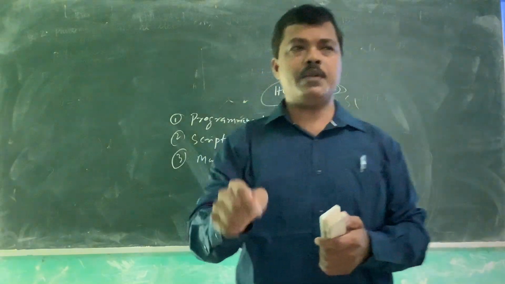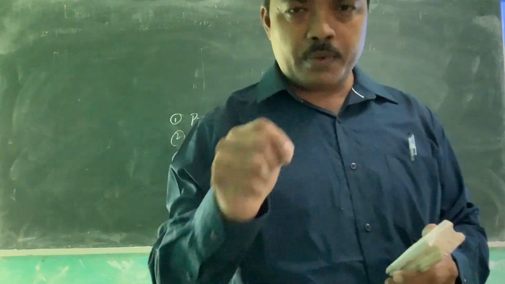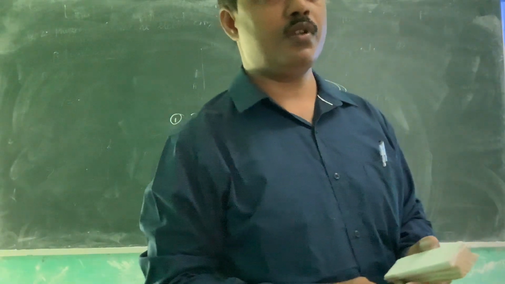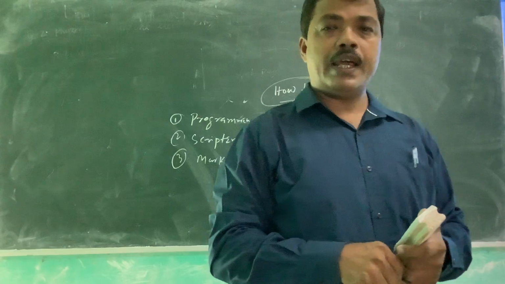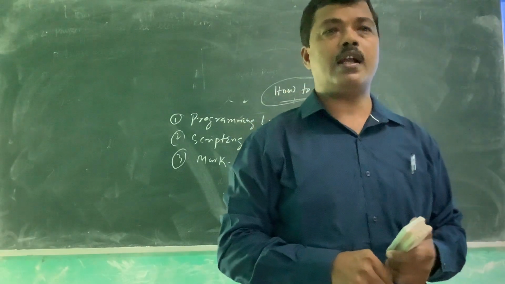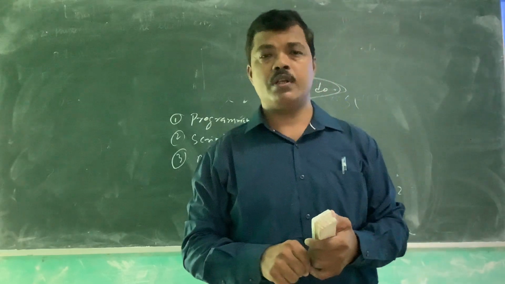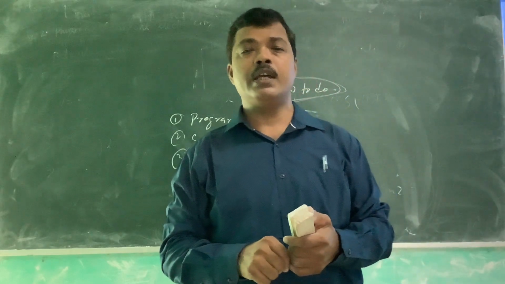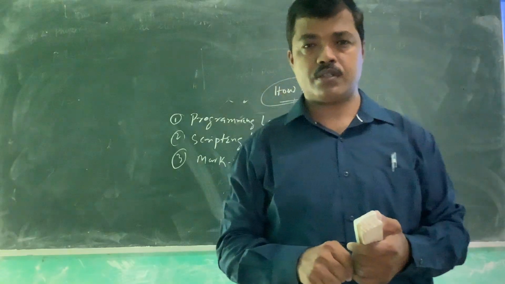That means if a problem is given to me, I have to write down all the steps required and how it will be solved in a computer by using a programming language.